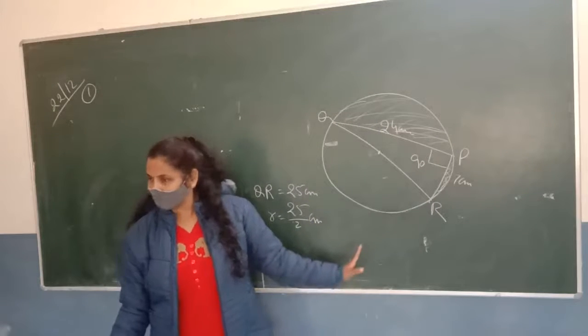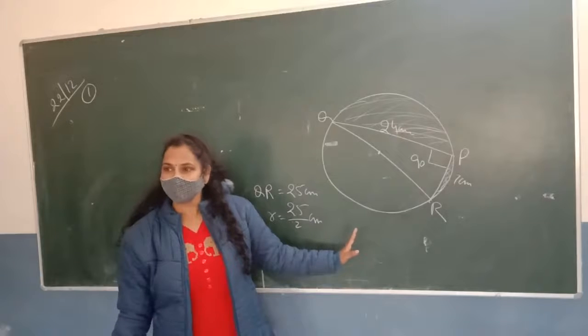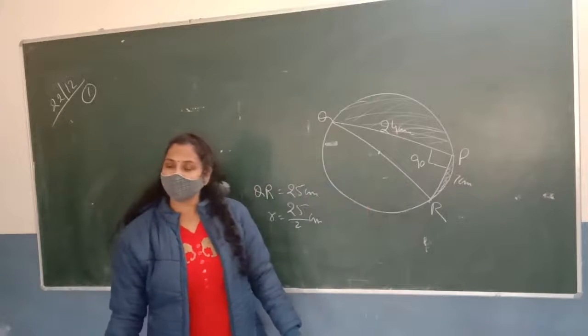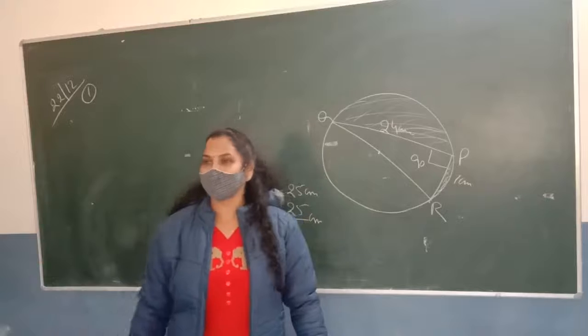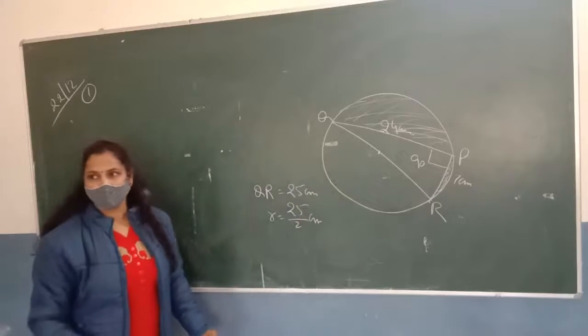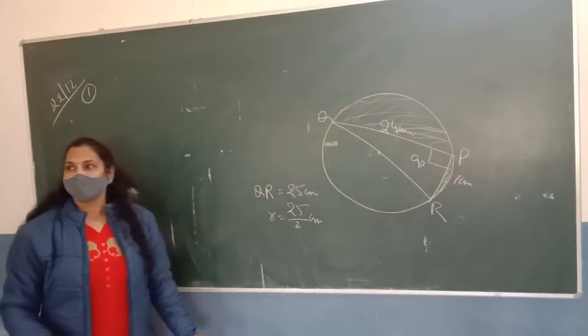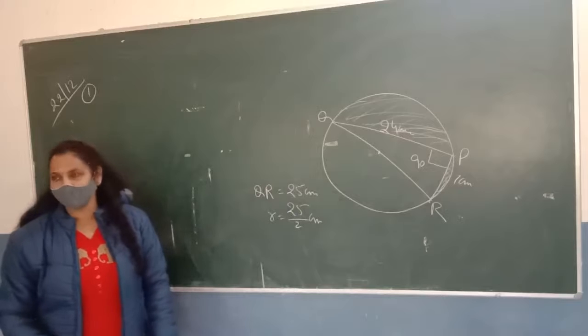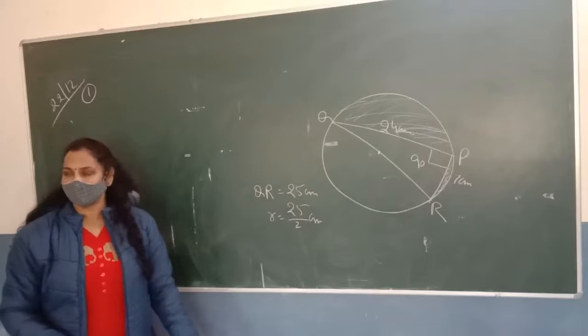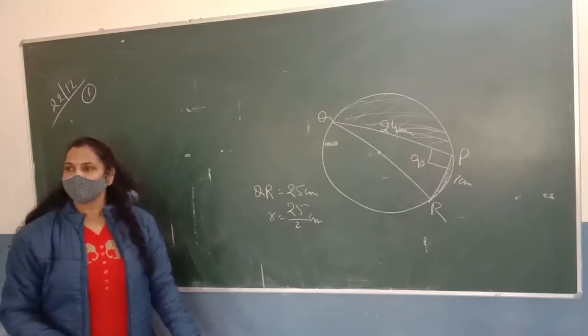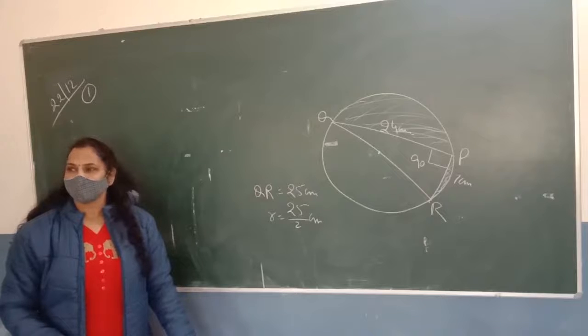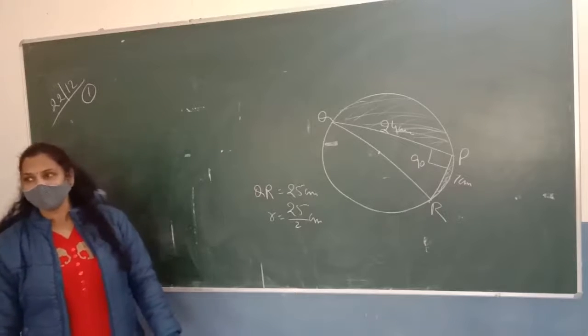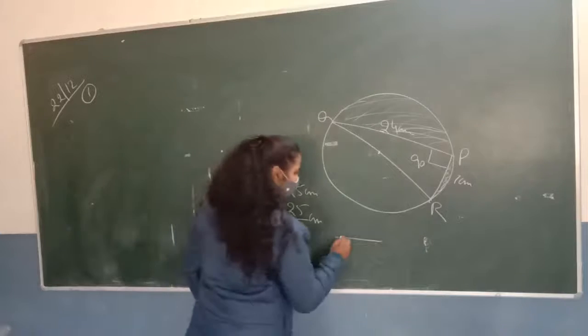Can you do it yourself? What is the area of the semicircle? For semicircle, what is the value of theta? 90/360? For the semicircle, this is a circle and this is a semicircle.